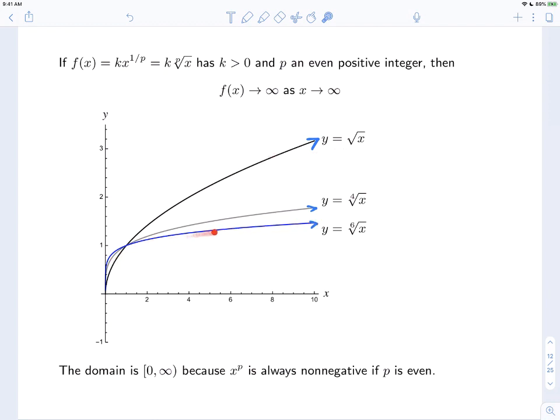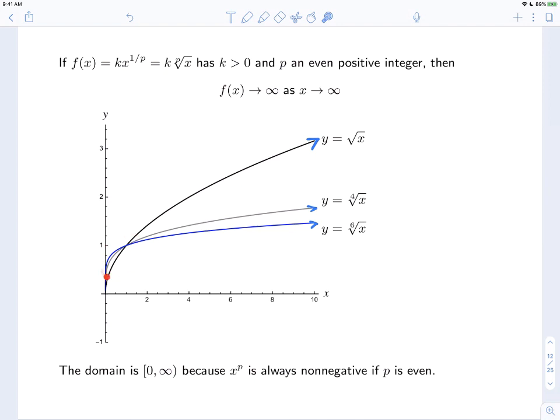So this one will eventually become arbitrarily large. It grows and grows off to infinity, but just not as fast as the square root of x. That's because the sixth root of x is much, much smaller than the square root of x, and that's why you see that in this graph.